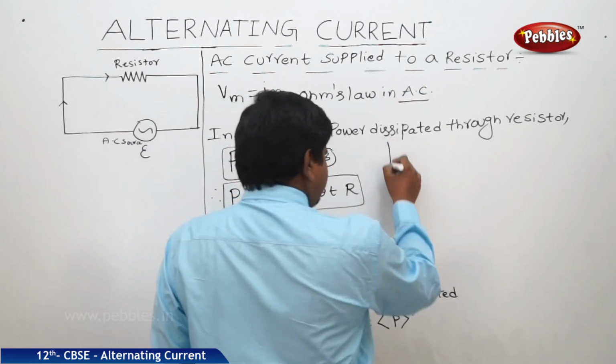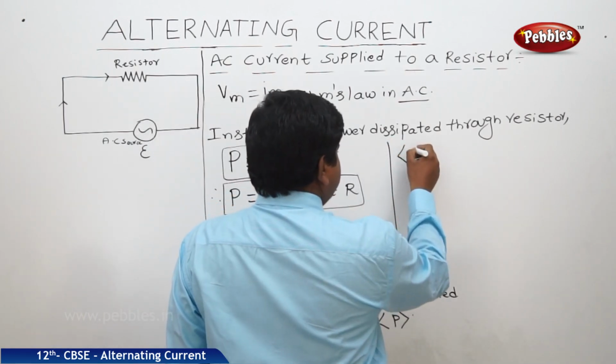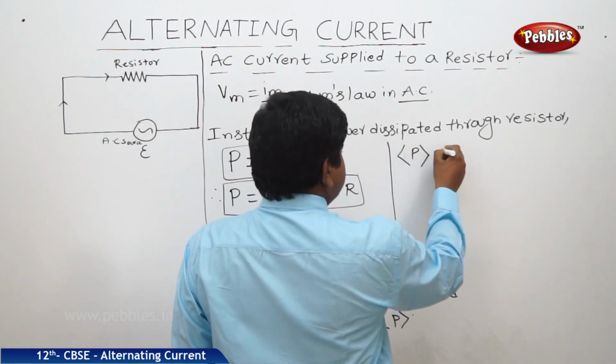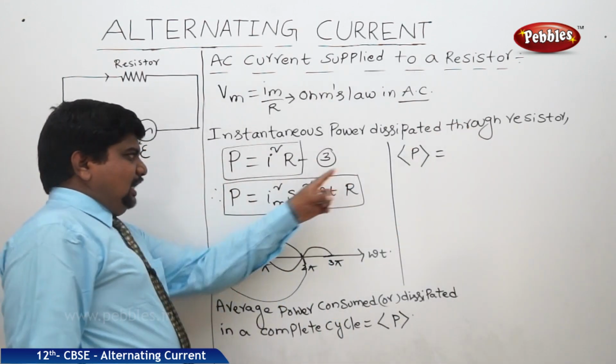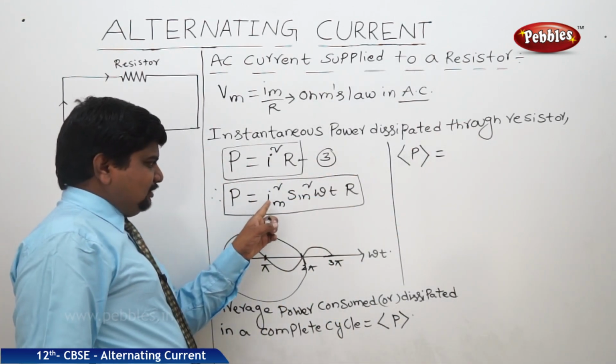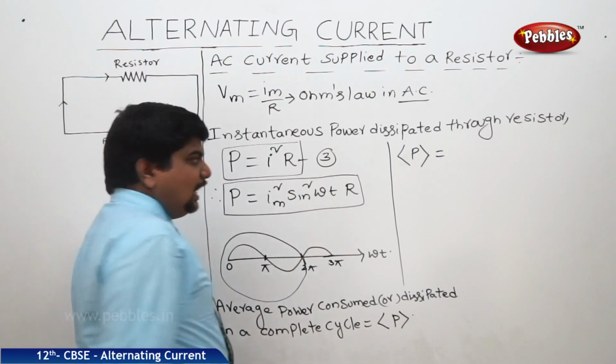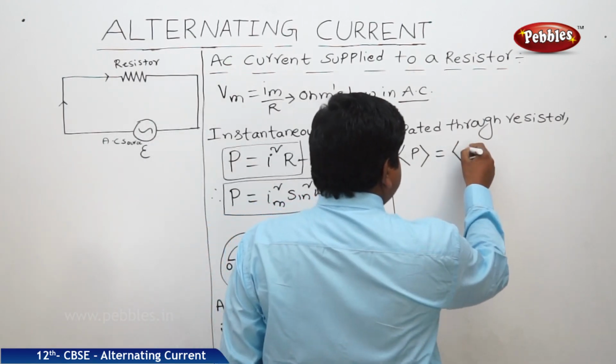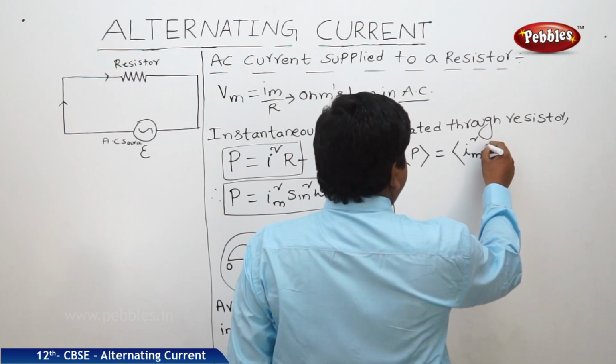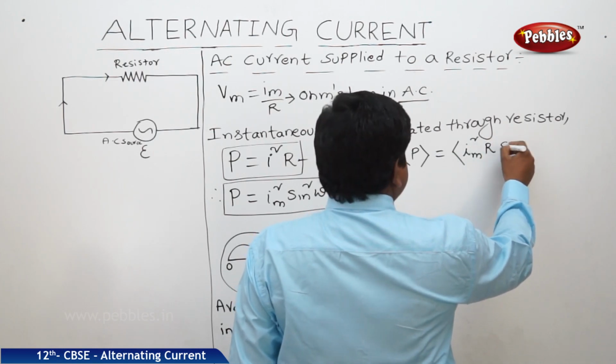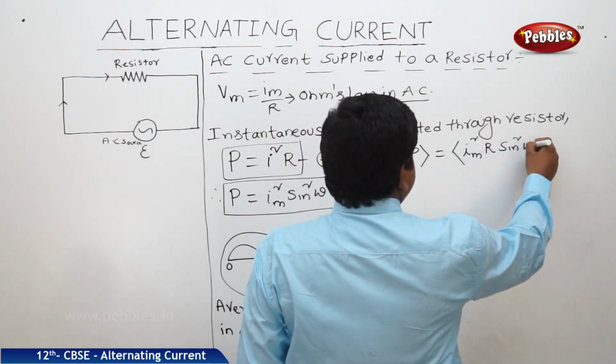So therefore average value of P is equal to average value of Im square sin square omega t R, or we can write Im square R sin square omega t.